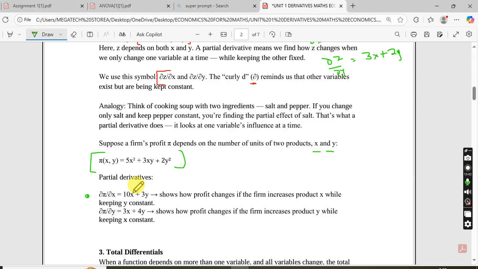So here, if we derive this function with respect to x, this 5x squared becomes 10x, and this 3xy becomes 3y: 10x plus 3y.